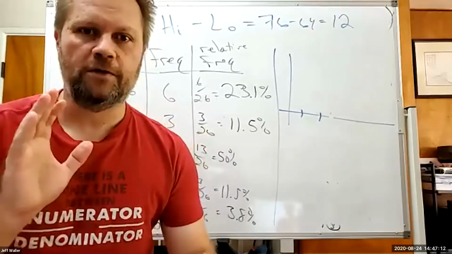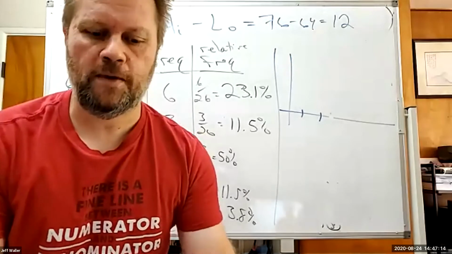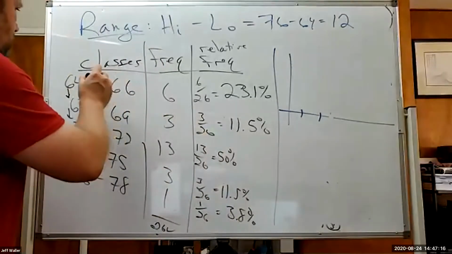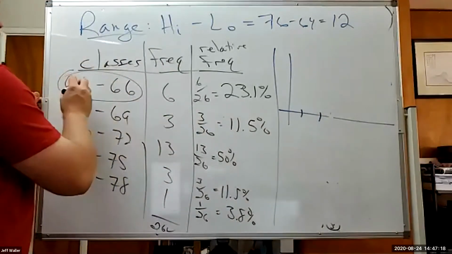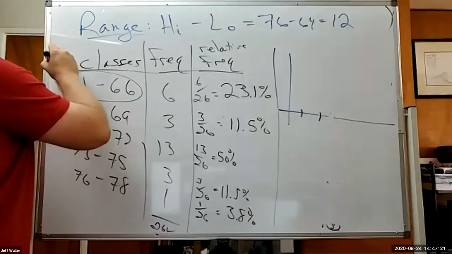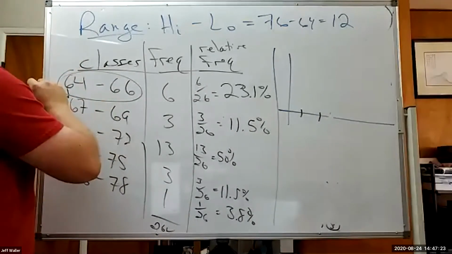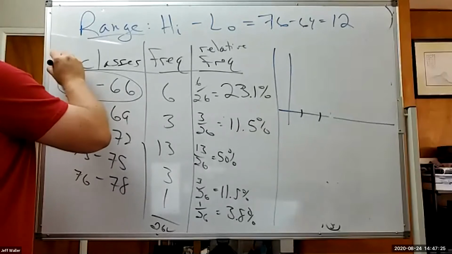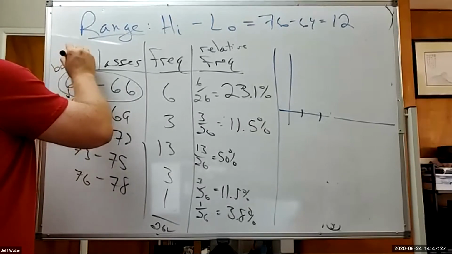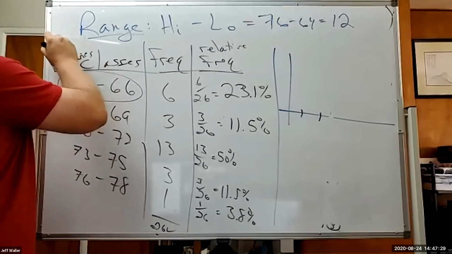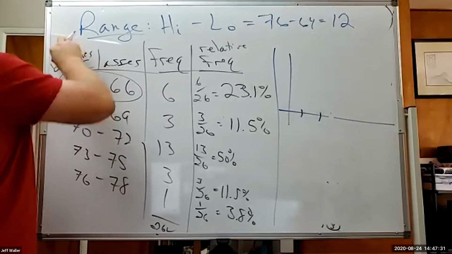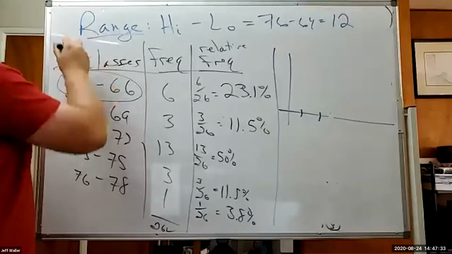So if you want to do it this method, this is the textbook method. These are the boundaries, and these are the limits. I always get that mixed up.